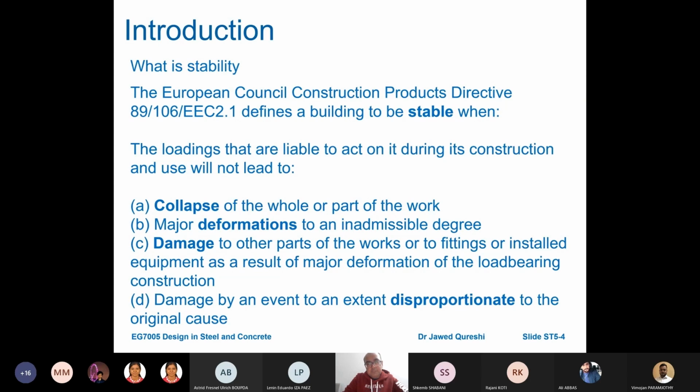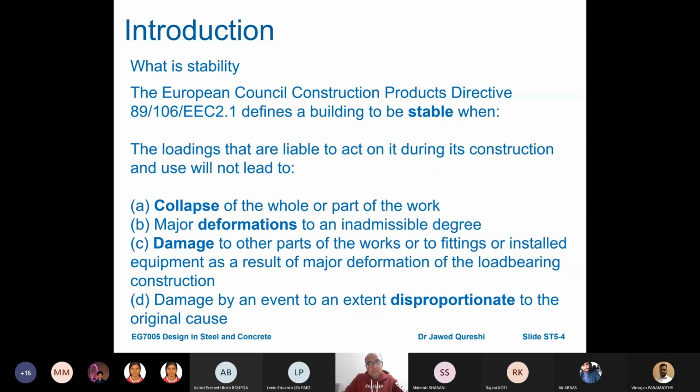Firstly, for a stable structure, we have to avoid collapse of the structure or part of the structure. Secondly, it will not have much deformation. Third is related mainly to serviceability, so that the deflections are not enough to cause damage to any part. And fourthly, the damage should not cause disproportionate collapse relative to the original cause. So that is related to robustness of the structure.